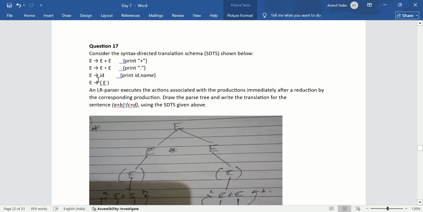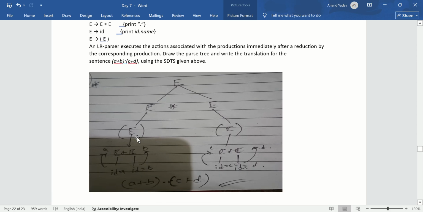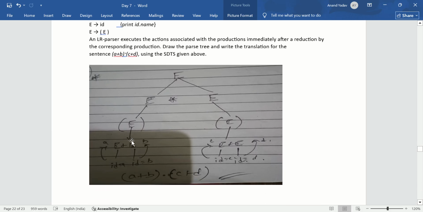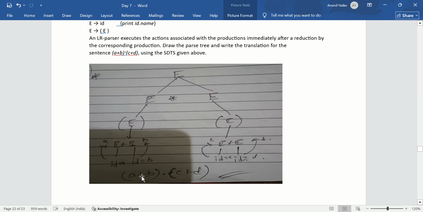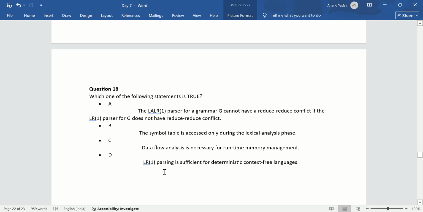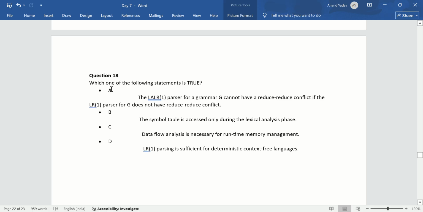So for this translation I will draw in this way: E star, and then E in brackets, and then the small bracket production, and then ID put A and B. So in this way I solve. Now next one is question 18. Which one of the following is true? The LALR parser for a grammar G cannot have a reduce conflict if the LR parser for G does not have a reduce conflict.